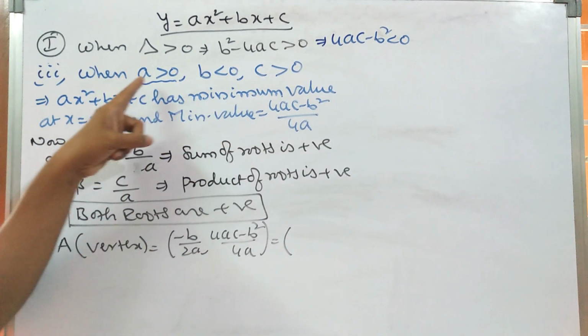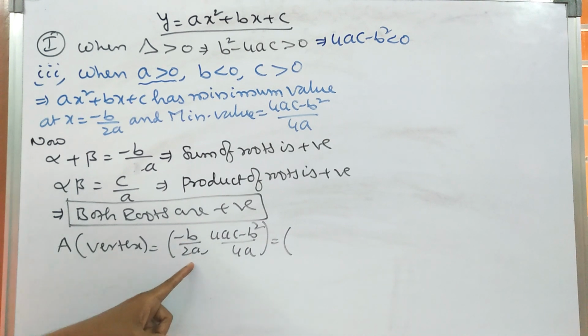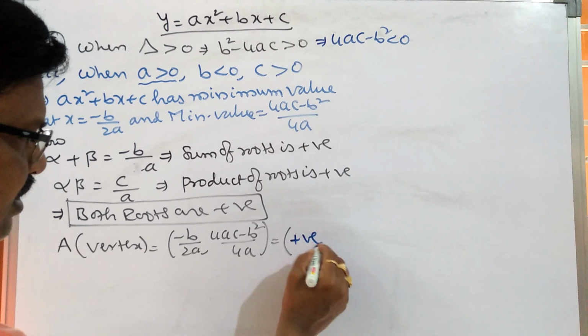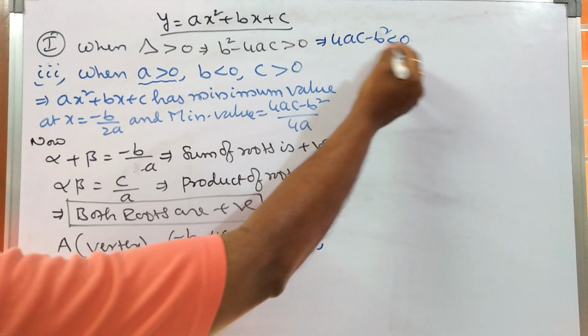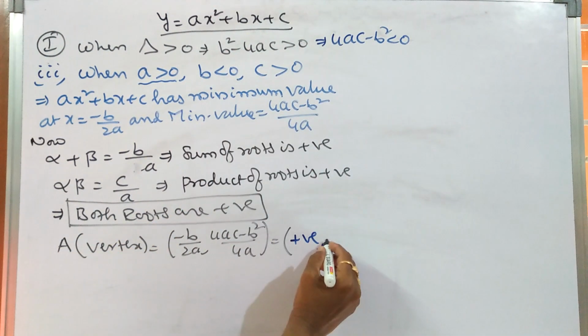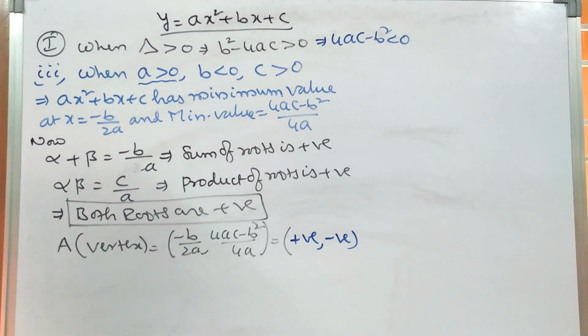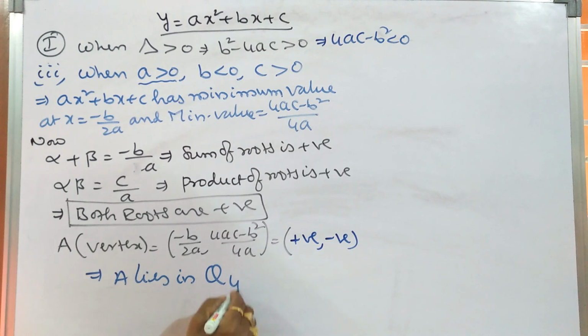Here b is negative and a is positive. Negative by positive is negative, negative into negative is positive. So this is positive. And 4ac minus b square is negative, negative by positive is negative. That means the x coordinate is positive and the y coordinate is negative, which means the vertex lies in the fourth quadrant.